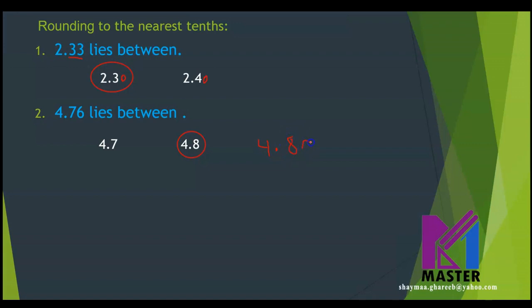Yes, they both have the same value, but because we rounded to the nearest tenth, and nearest tenth means to the nearest one decimal place, your answer must include only one decimal place. So if you wrote it this way, it will be considered a wrong answer. So please make sure that you are following these steps when you solve this type of question. When we round to the nearest tenth, again, your answer must be a one decimal place number. Is this clear?